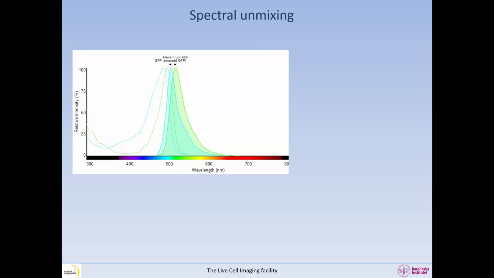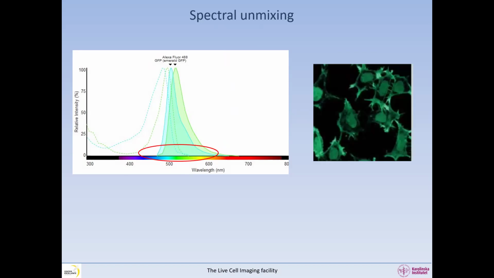So here I have an example. We have two fluorophores, Alexa 488 and GFP. As you can see, their emission spectra overlap quite a lot. There is no way that we could really separate the emission spectra between them. If we take an image, this is how it would look.